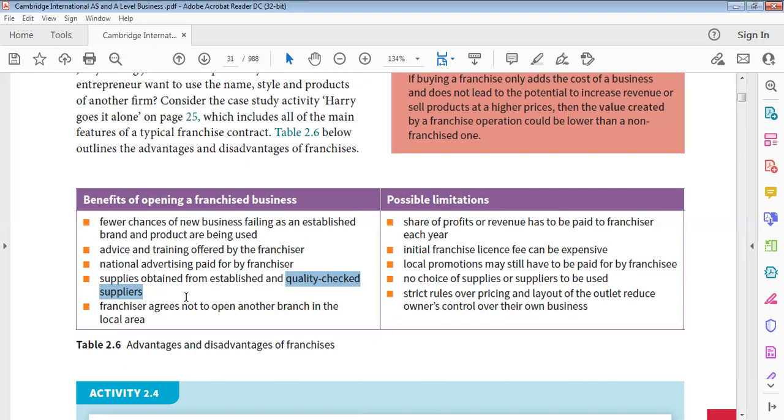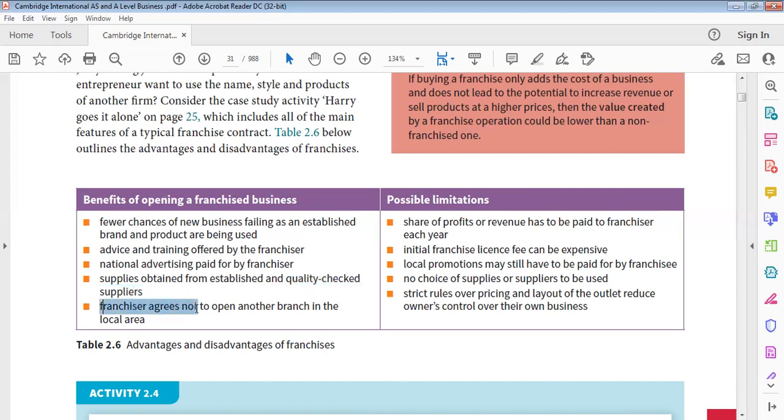They already have a list because they trust them. They only buy from them. So when you open the franchise, the American original company will already give you the list of the suppliers. So you don't have to worry about where you get the potatoes, where you get the burger meat or beef meat. That is taken care of.